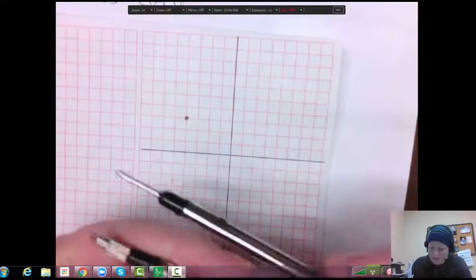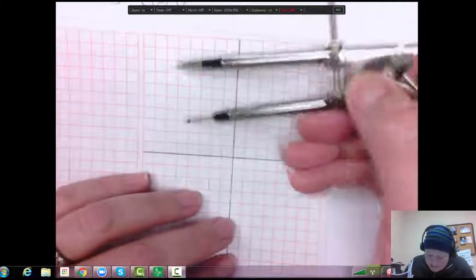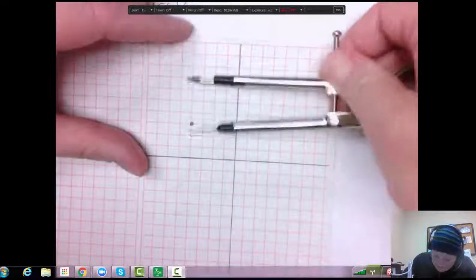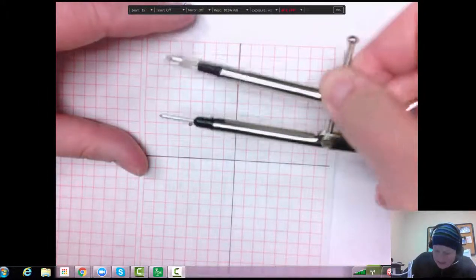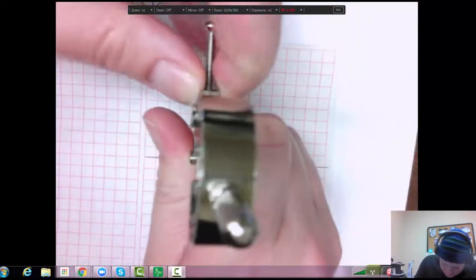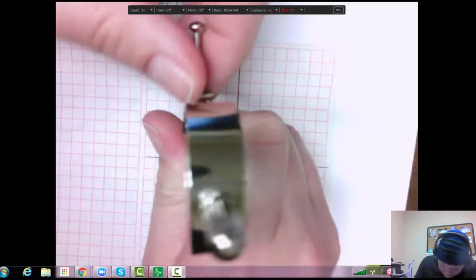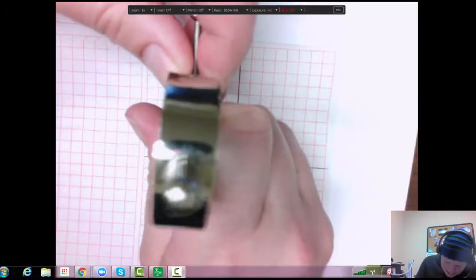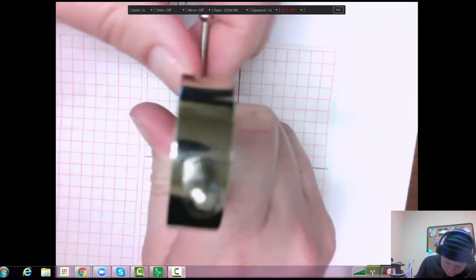So I'm going to set my compass to have a radius of 4. This one's kind of a pain because you have to twirl it. It stays good, but I don't like it as well as some of the other ones. Okay, so there's 4, and then we just draw our circle.